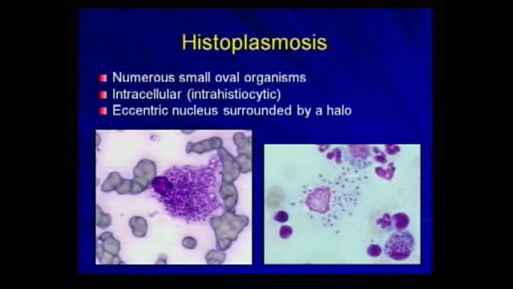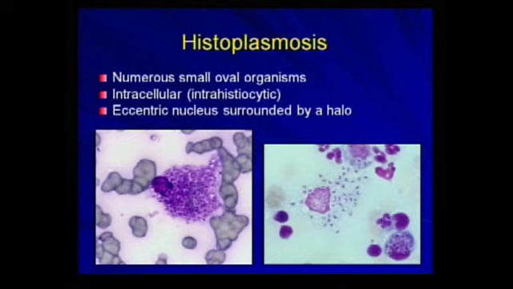And I want you to take a look. We're looking at a macrophage, or on both sides, numerous macrophages, which are packed with small, round organisms. I want you to compare the size of those individual organisms with the erythrocytes in the field, and they are smaller. The nucleus generally is eccentric, and the organisms are often surrounded by a small halo.